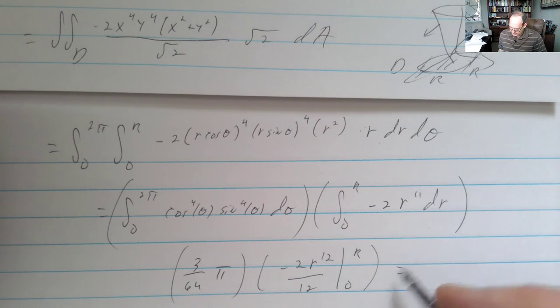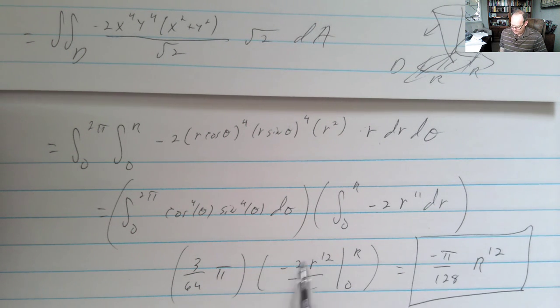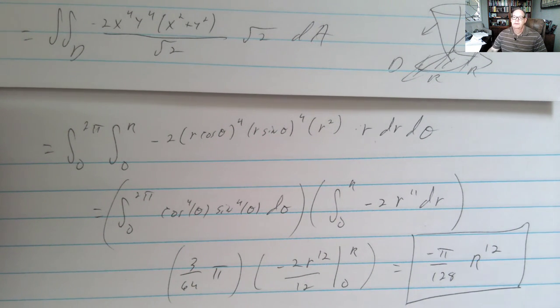So this will just be whatever it'll be. I guess that's a 6. No, that's a 6. Cancel that 2. So negative pi over 128 r to the 12th. So right, 6, 2, 128. So there's the answer for that one.